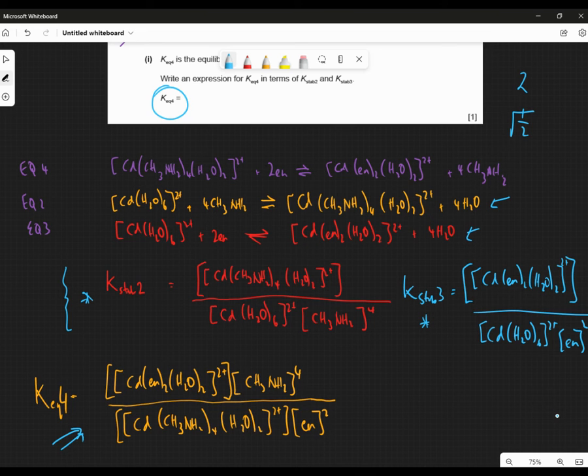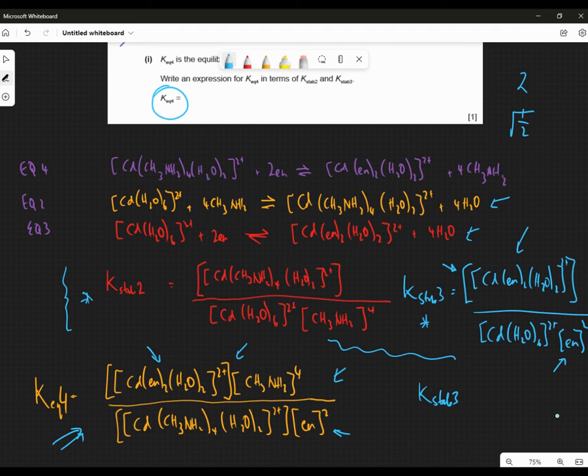So anyway, we've got to get this from these two. Now, as you can see, what's on top? This is on top, this Cd(en)2, and that's that one. So I'm going to say K stab 3 goes on the top, because we need those things on the top. The en squared is on the bottom as well, and this is on the top, which is there.